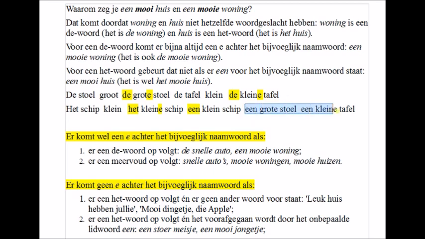Why? Because it's a de word. The de words always have e, even when we use it as "een". But het words, they don't have e when we use it as "een".